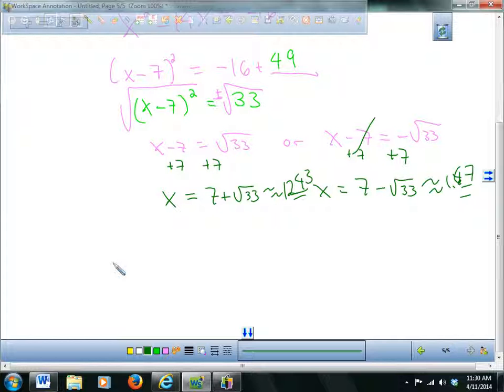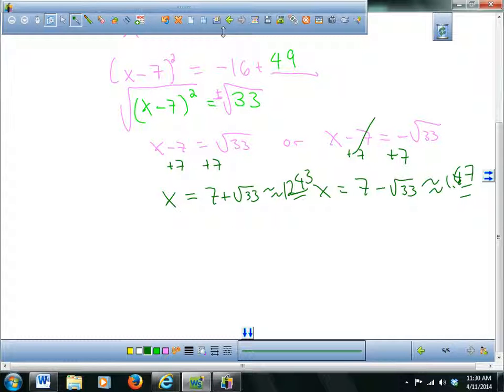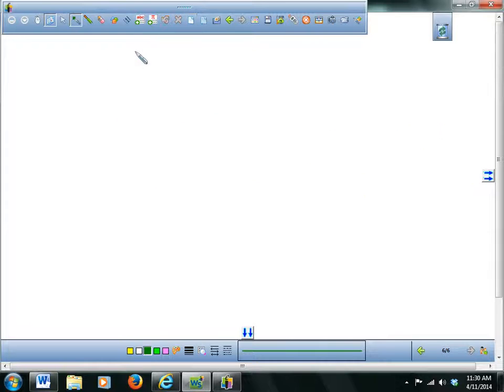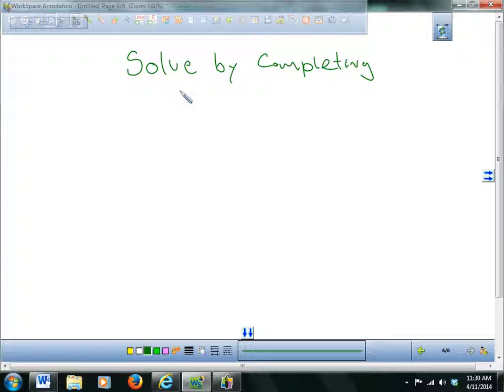Okay, let's try one more. x squared plus 9x plus 15. Solve by completing the square. And I'm going to change your homework because we didn't get to finding the vertex. And that's okay.